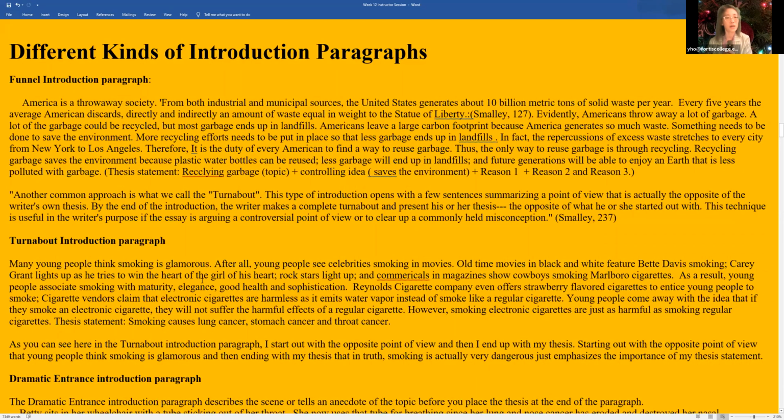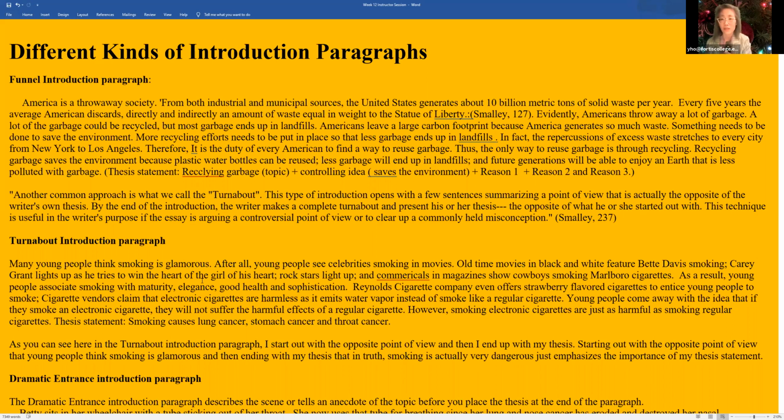And so here, a funnel introduction paragraph: America is a throwaway society. From both industrial and municipal sources, the United States generates about 10 billion metric tons of solid waste per year. The average American discards an amount of waste equal to the Statue of Liberty. Evidently, Americans throw away a lot of garbage that should be recycled, but most garbage ends up in landfills.